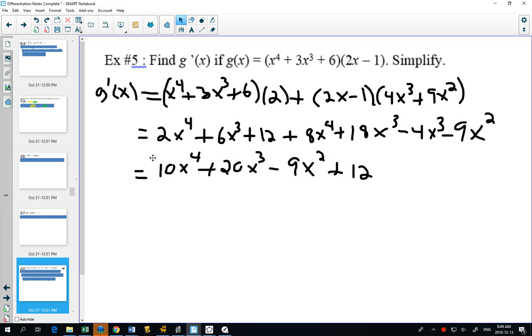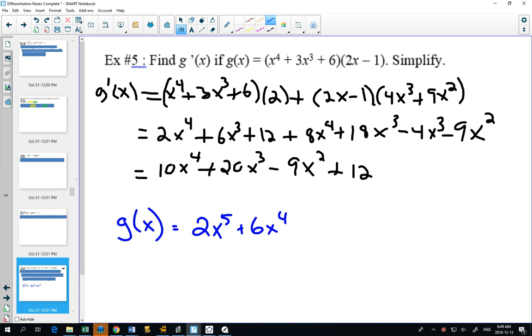Now in this situation, and I'm going to do it in blue, what happens if we simplified first? So I'm going to distribute the 2x. That would give me 2x to the 5 plus 6x to the 4 plus 12x. And then I'm going to distribute the 1 plus x to the 4 plus 3, or the minus 1, sorry.